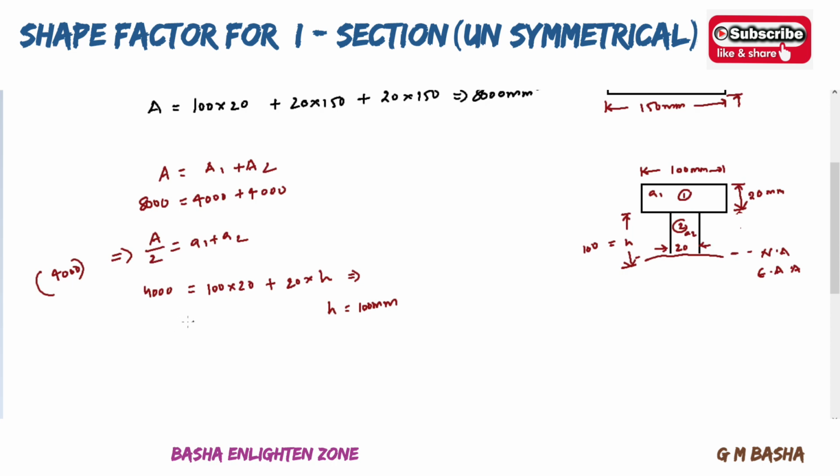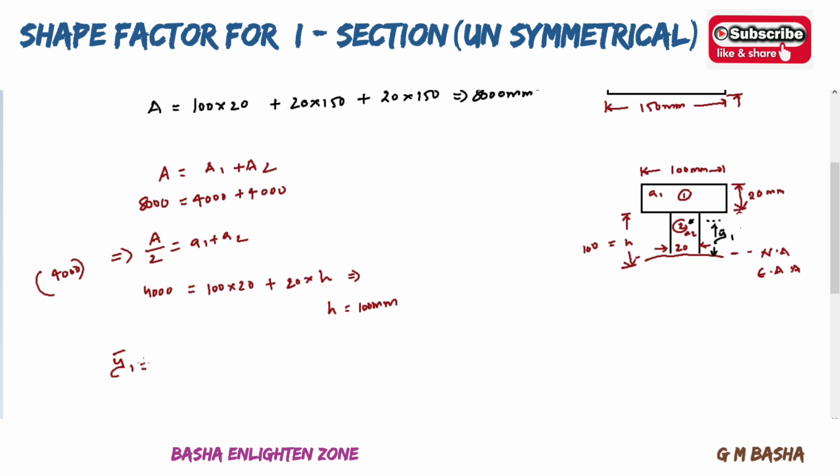The next step is finding y1 bar in the top portion. For finding y1 bar, we take that your CG lies somewhere at a distance from the equal area axis.